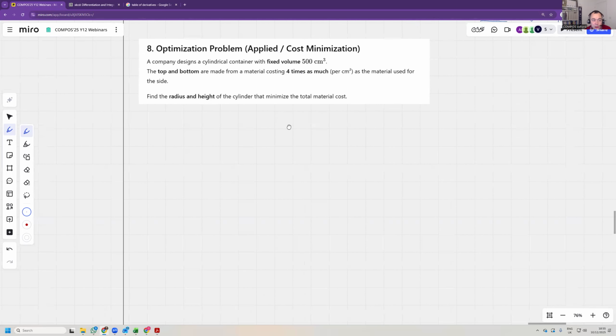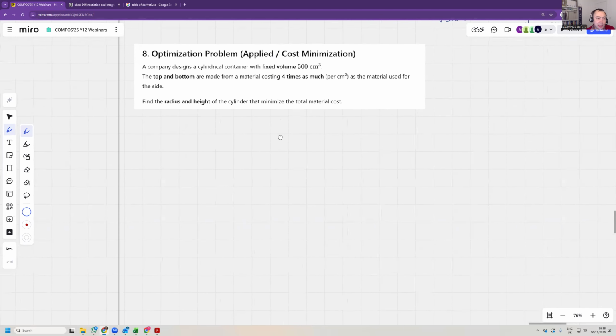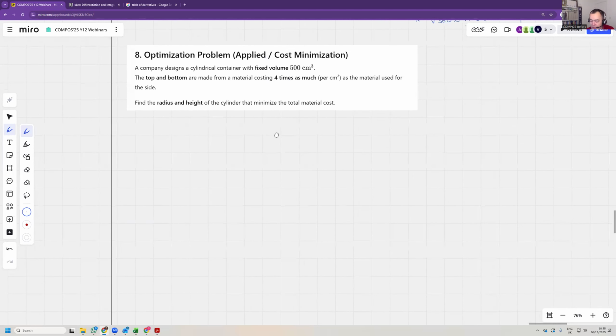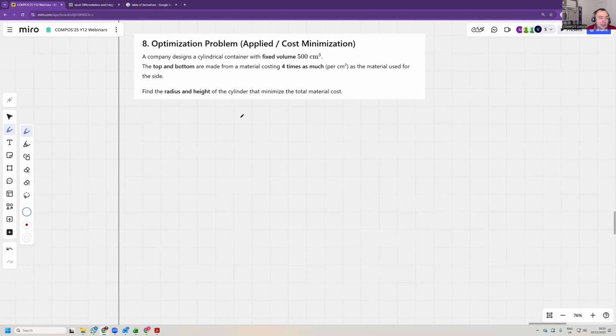Now, cost minimization. This is also a very important application of derivatives. A company designs a cylindrical container with fixed volume 500 centimeters cubed.